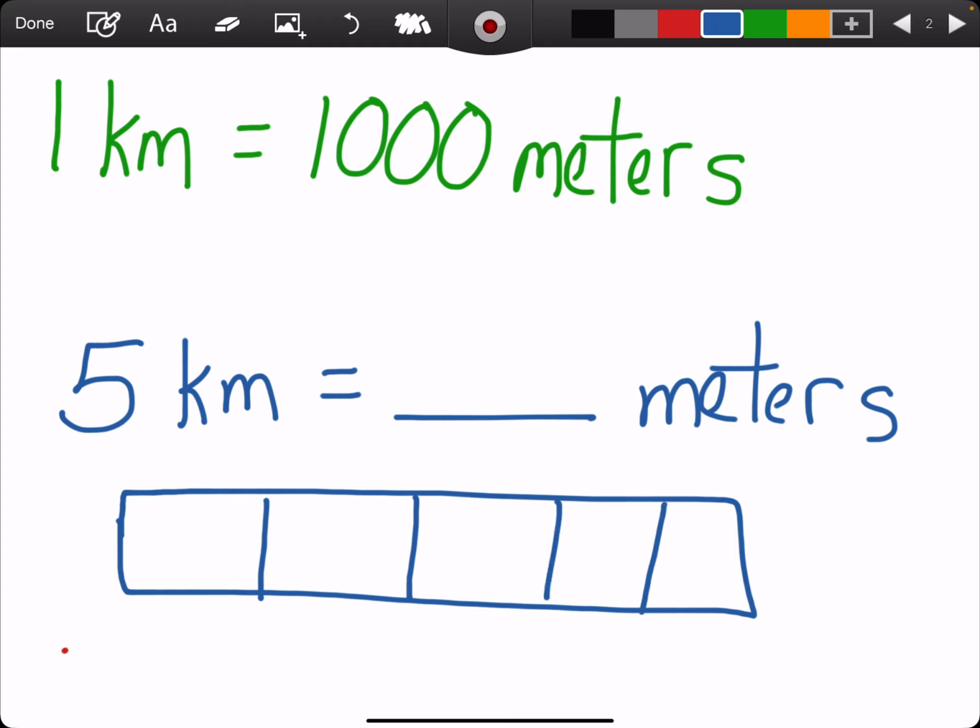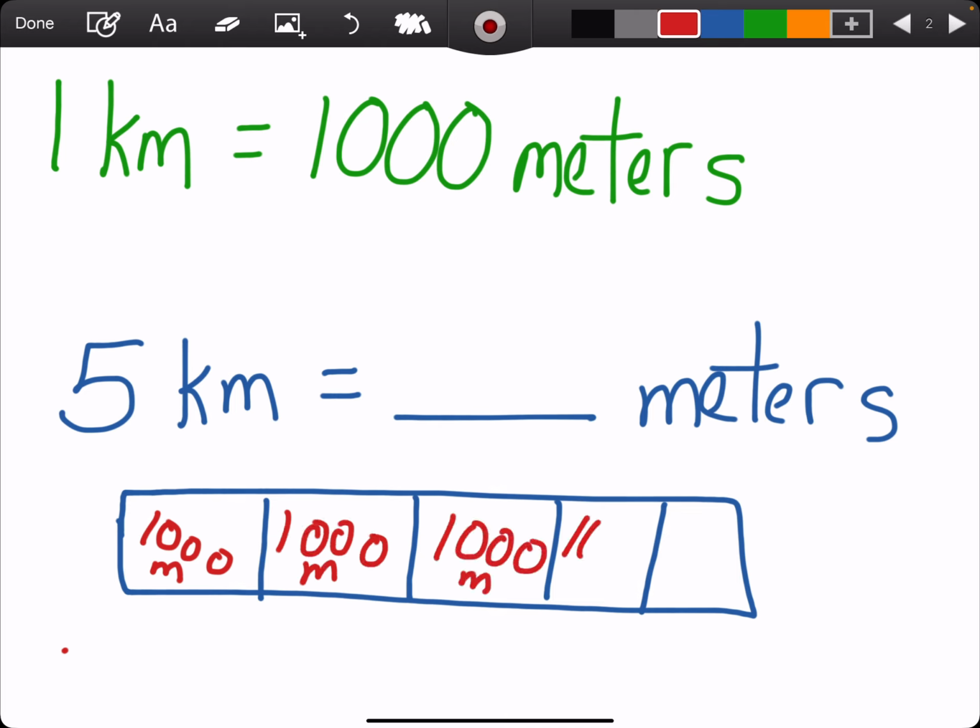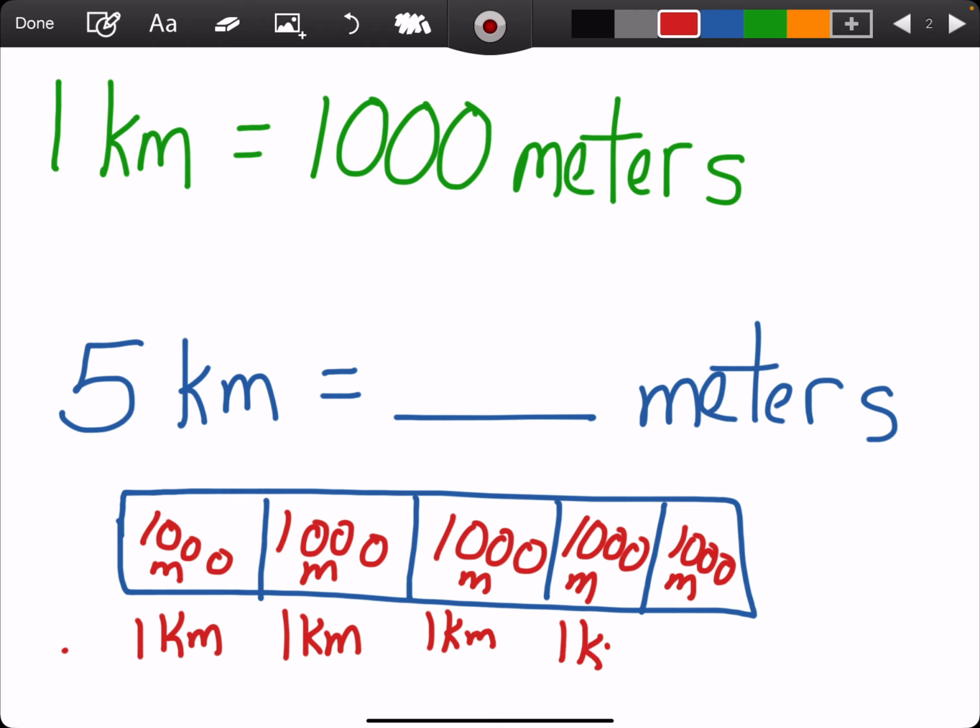I could say, here's my 5 kilometers, and inside each kilometer is 1,000 meters, another 1,000 meters, another 1,000 meters, another 1,000 meters, and another 1,000 meters. This was 1 kilometer, 1 kilometer, 1 kilometer, 1 kilometer, and 1 kilometer. So you would get 1, 2, 3, 4, 5,000 meters.